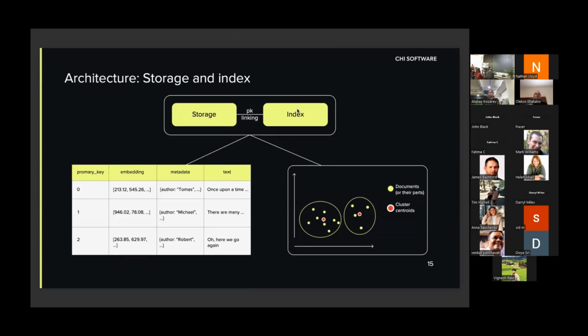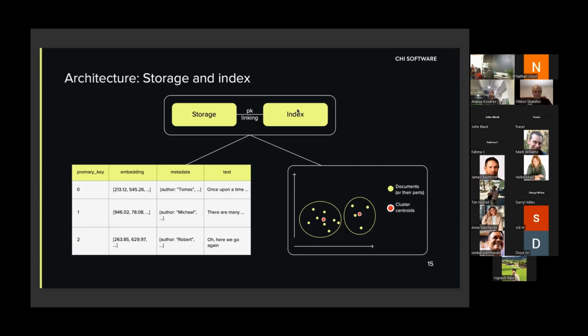Our storage and index look like this. We have the connection by the primary key linking here. We have some data stored in the storage and the index. The storage you can see on the right side of the slide. It's a pure SQL database, let's say, with pure tabular data.